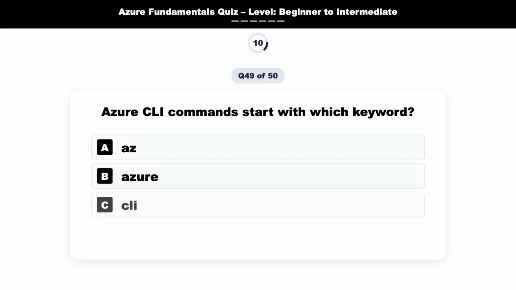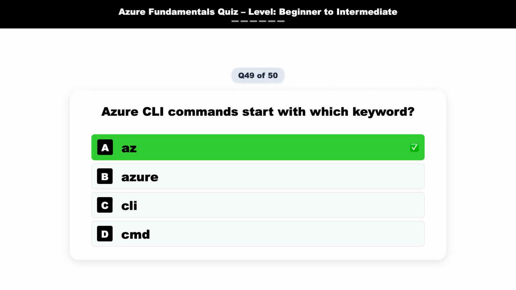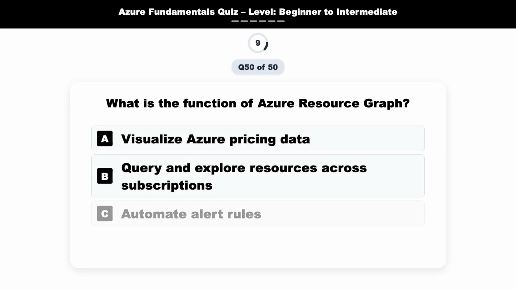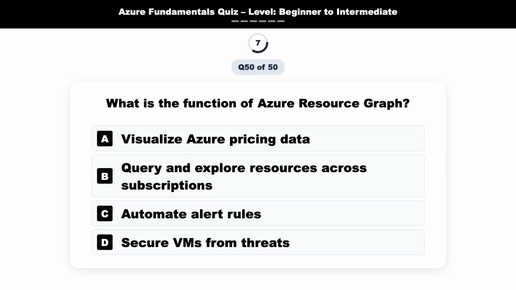Question 49. Azure AI commands start with which keyword? Question 50. What is the function of Azure Resource Graph?